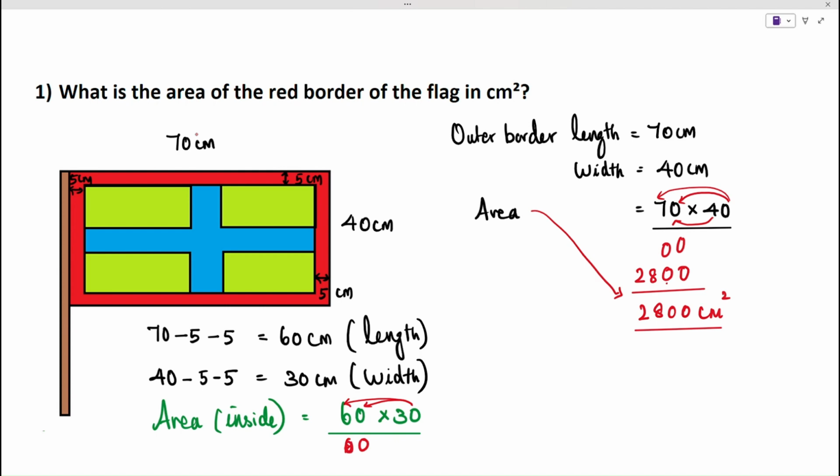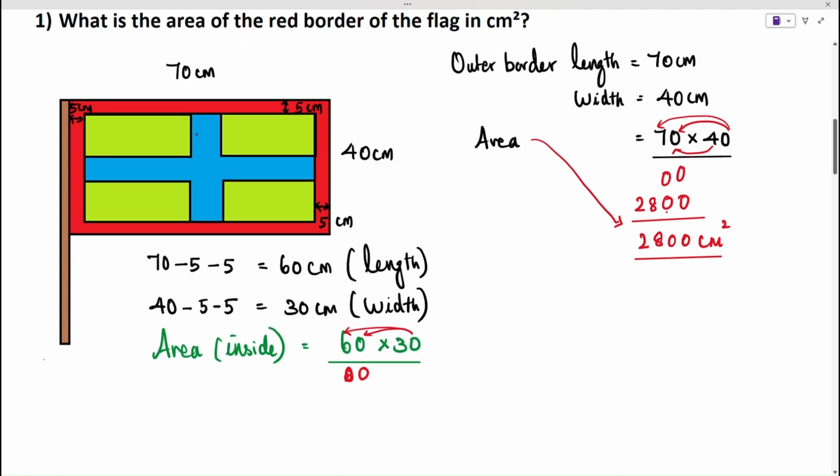Then, because we're now going into the tens column, we have to add a 0. We do 3 times 0, which is 0, and 3 times 6, which is 18. Add these two together, and we get 1,800.